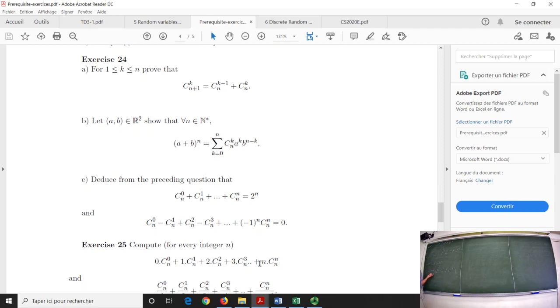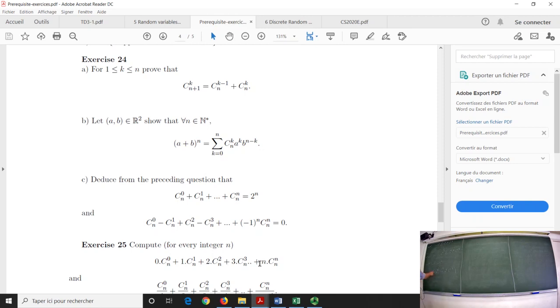So I have this sum with n plus 1 terms. What we are going to do first is to develop this relation, and I will obtain two terms: the term when I multiply by a and the term when I multiply by b.